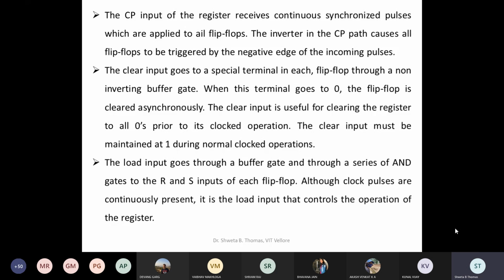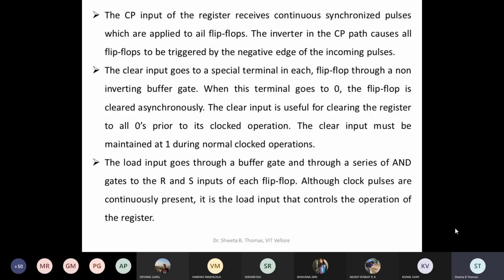Okay, the clear input is useful to clear the register to all zeros prior to its clock operation. Likewise, if you're writing some code in MATLAB, you give the clear command just to make sure that if something is there from the past, it should not run, it should not store, it should not take care of the past information.